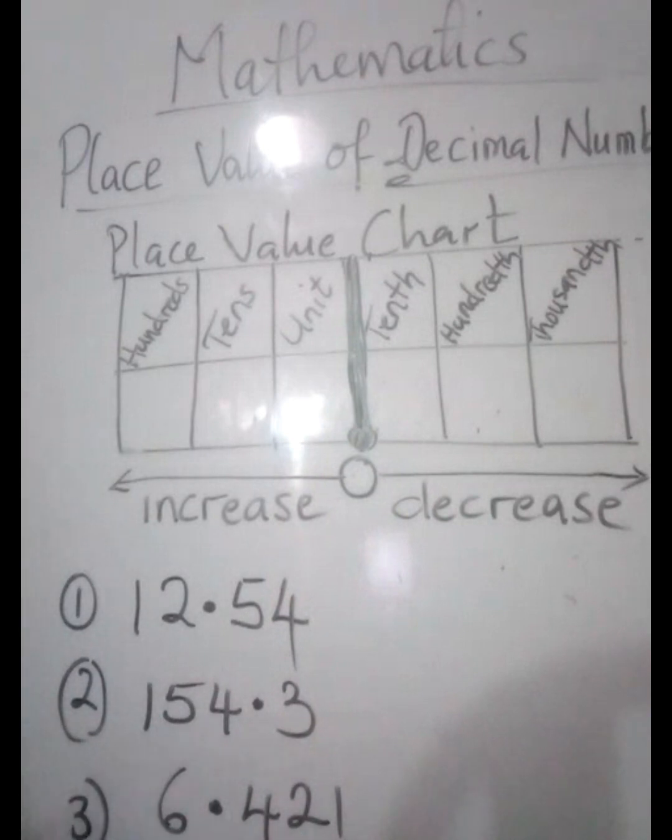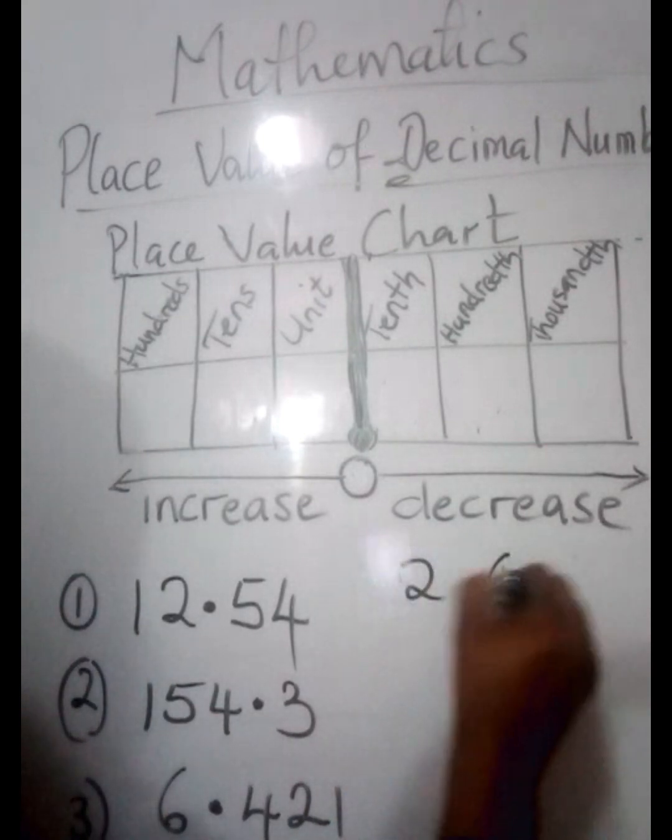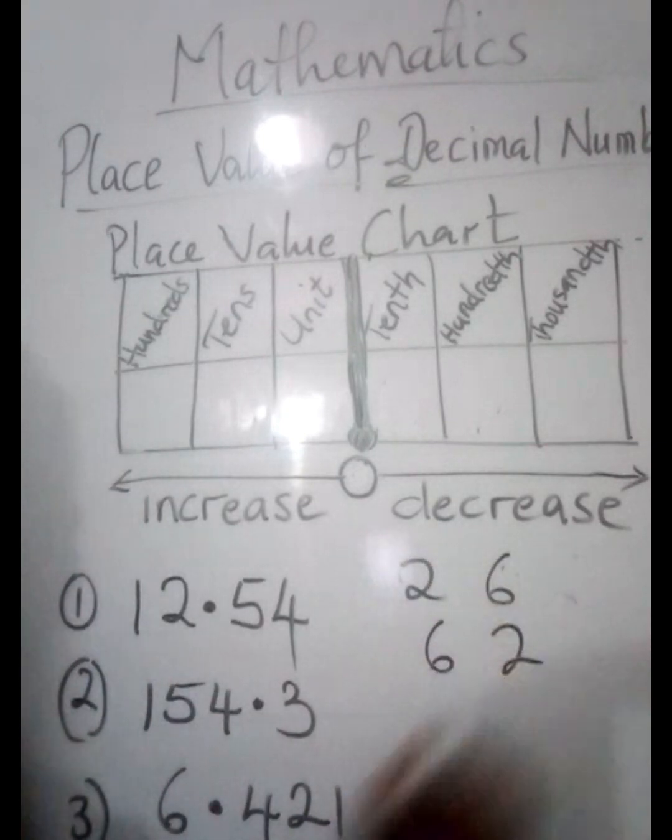Okay, let's quickly refresh our memories on what we learned last week. Remember, we said that place value simply means the value that a digit has based on the position it occupies in a number. So we looked at 26 and then 62.